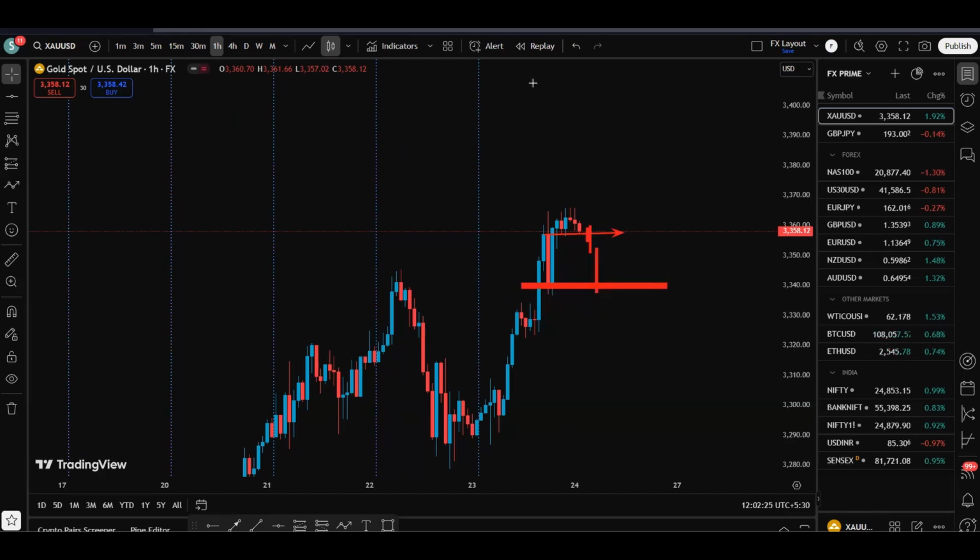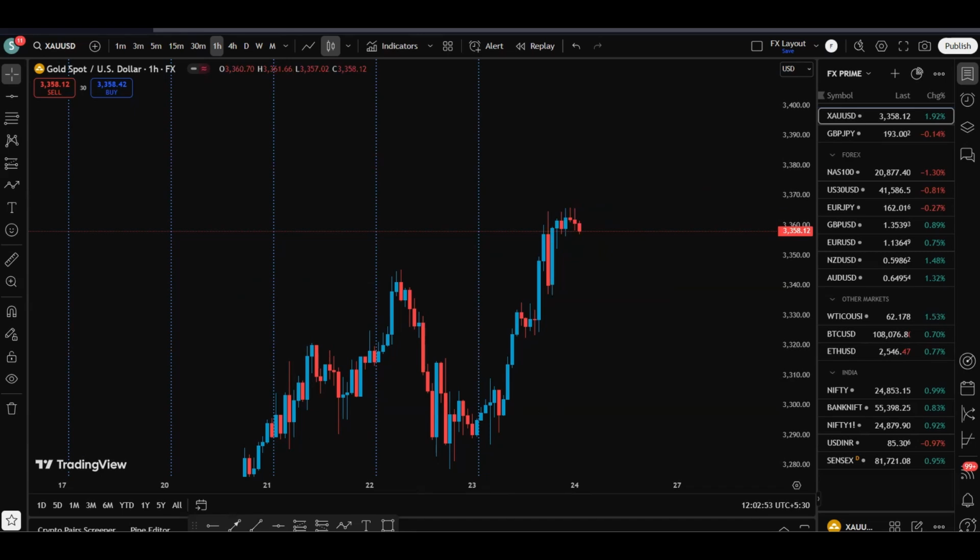And to the upside, we have this resistance, and on the left hand side we have clean range. If we get a 1 hour candle close bullish above this resistance, there is a pretty high probability for the price to continue going up. We know that we have a clean range, more than 100 pips on the left hand side. So that is something we anticipate on the 1 hour time frame.